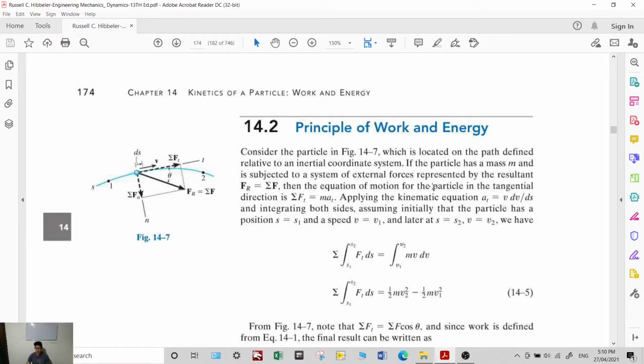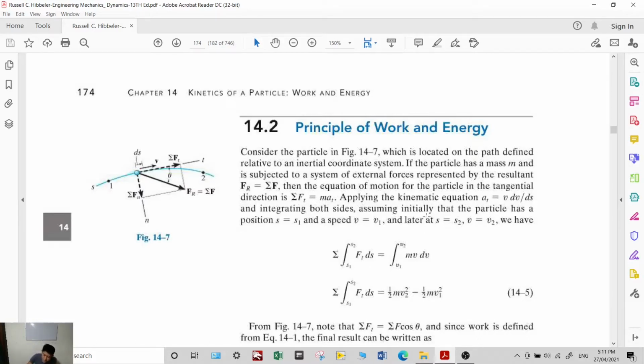Okay, so if we apply Newton's second law for the tangential coordinate system, we will derive this equation: summation of tangential forces is equal to mass times tangential acceleration.